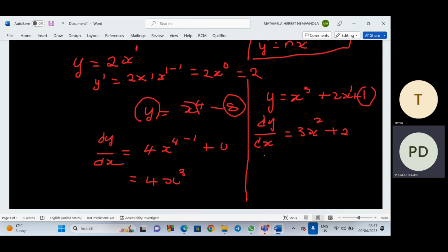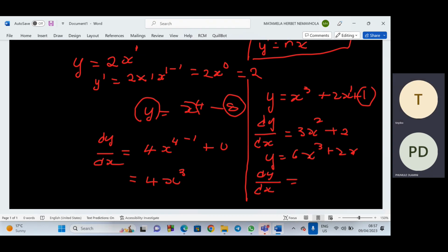So sometimes if you have y equals, let's say, 6x to the power 3 plus 2x, what happens when we find dy over dx? Our dy over dx equals 6 times 3, x to the power 3 minus 1, which is 2.